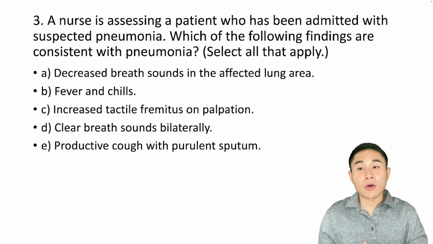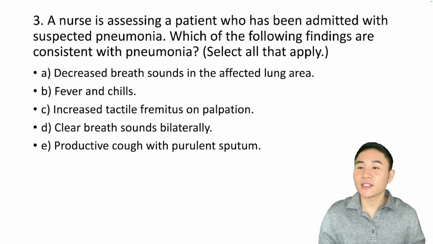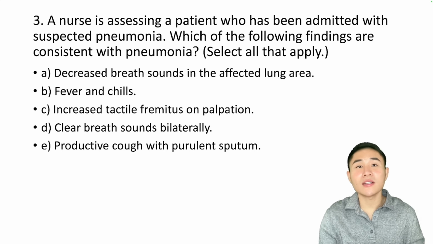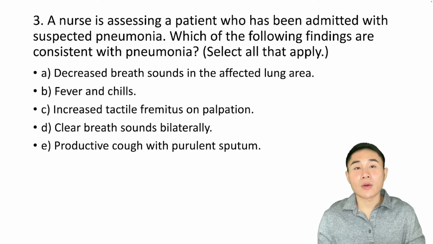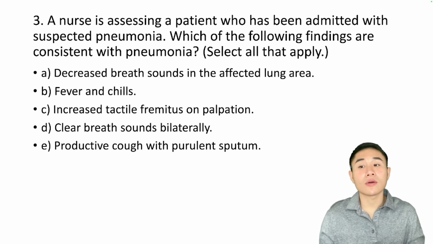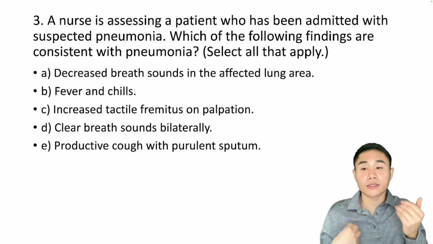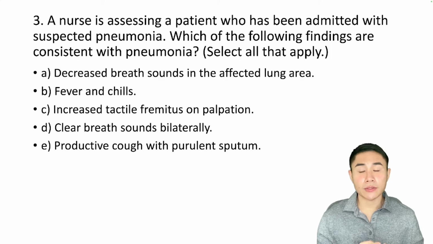So definitely pneumonia will have decreased breath sounds. Fever and chills, obviously that's a gimme, because if someone has an infection, their body will react with fevers, and the patient will feel very cold and chilled, even though they are super hot in their core temperature. So A and B are correct.